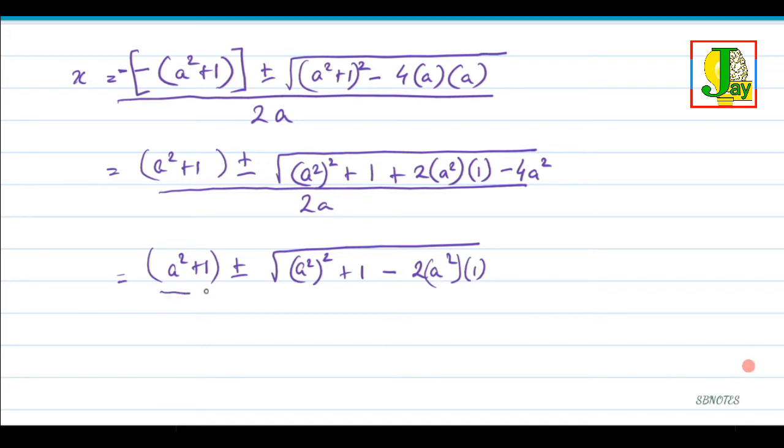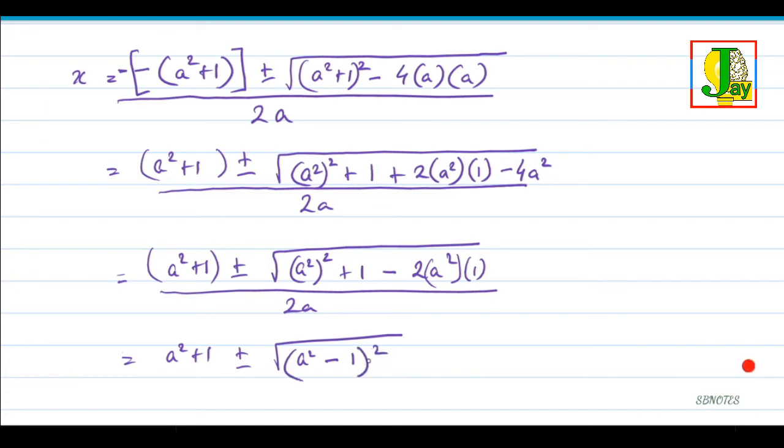So you can write it like that, by 2a, a square plus 1 plus minus, now a square plus b square minus 2ab is a minus b whole square, so root over a square minus 1 whole square. If you open the bracket, you will get the same thing, by 2a, and that's a square plus 1 plus minus a square minus 1. You take it out from the root part and you get 2a.